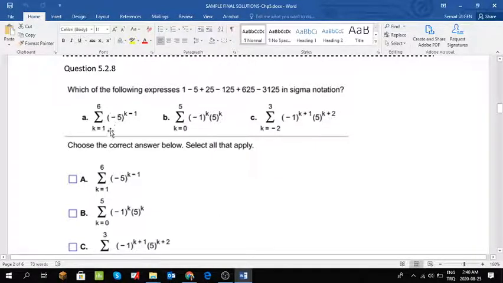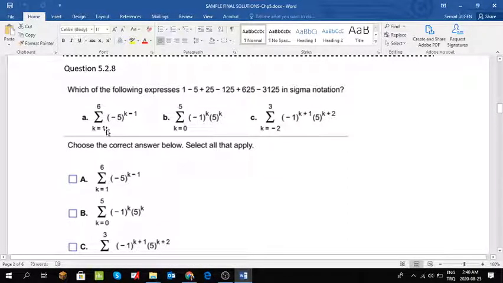Let's get the third term, which is k is equal to 3. 3 minus 1 is 2, negative 5 to the second power is 25. This matches, that's good. K is equal to 4: 4 minus 1 is 3, negative 5 to the third power, this is true.